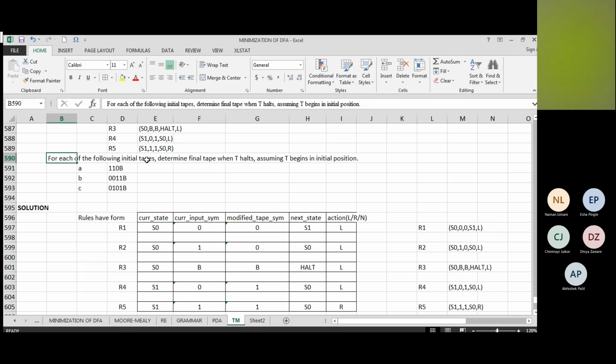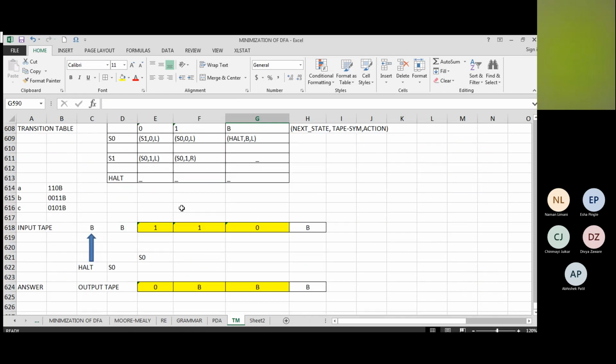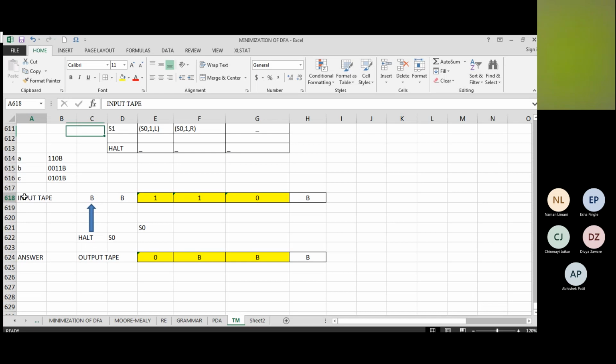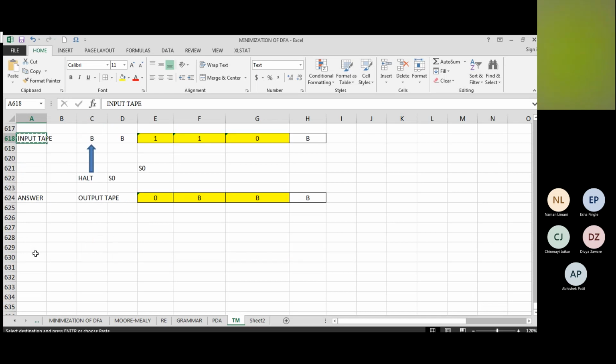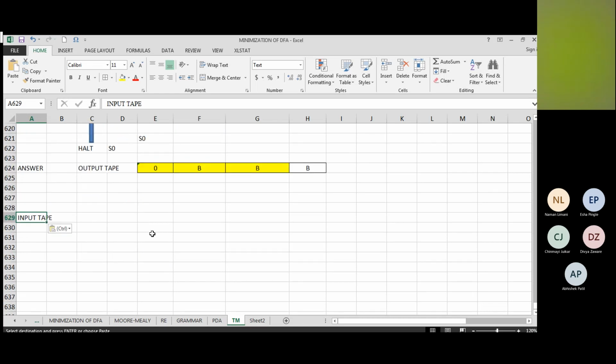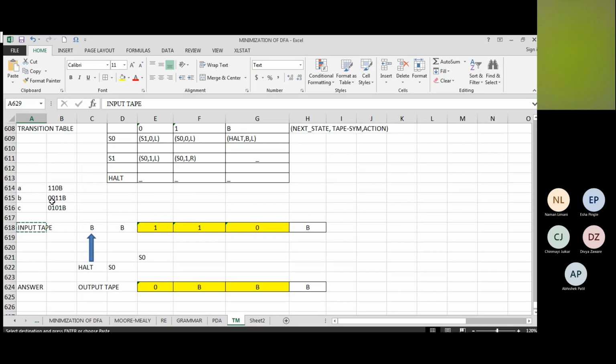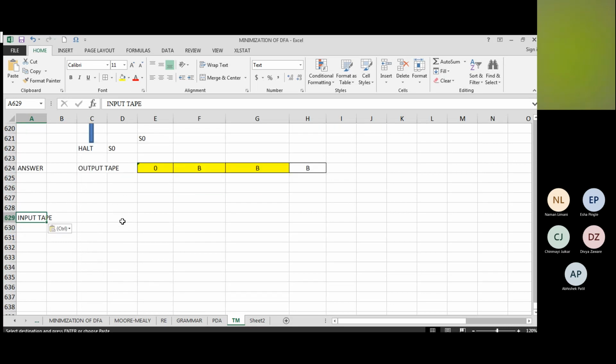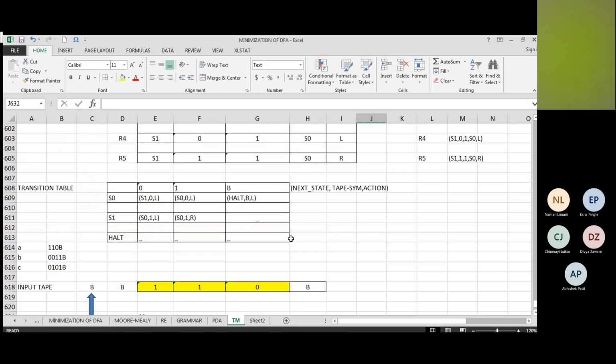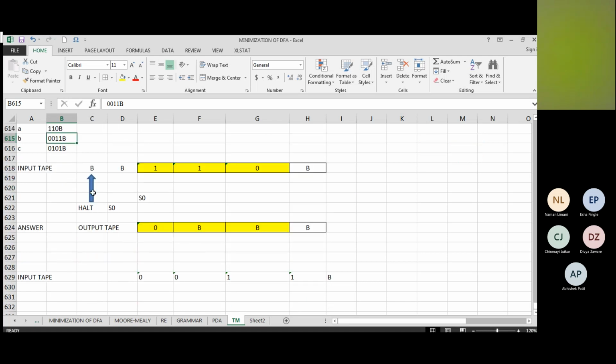For each of the following initial tape, determine final tape when T halts. So halting state we got. Now next is B. Okay, what is the input? 0011 B. So 0011 and then blank.